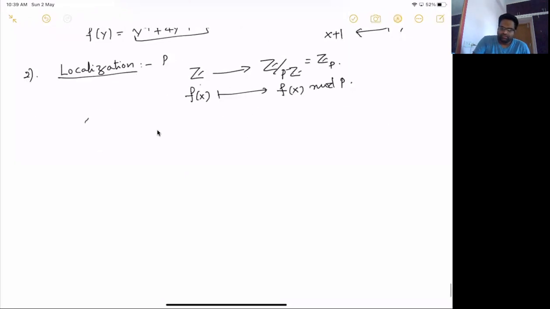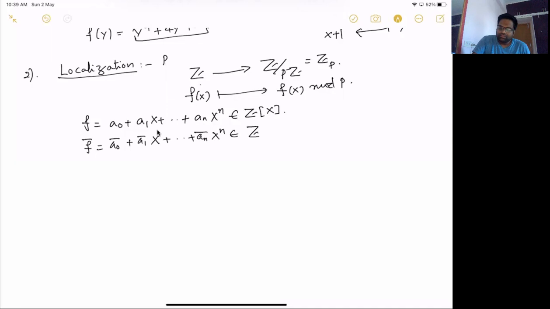So for example, if f is equal to a_0 plus a_1 x plus up to a_n x to the power of n, which is in Z[x], then f bar would be a_0 bar plus a_1 bar x plus up to a_n bar x to the power of n, which is in Z_p[x]. Some of these coefficients may turn out to be 0 because we are modding out by the prime p.